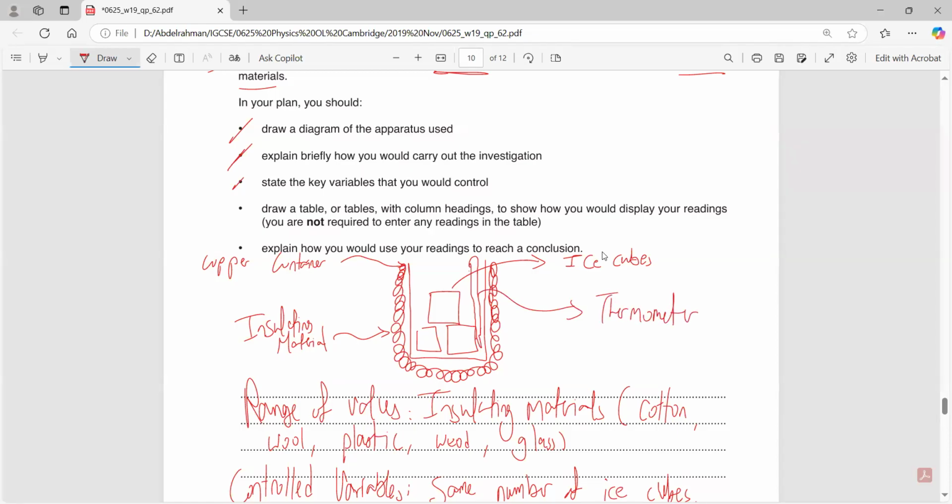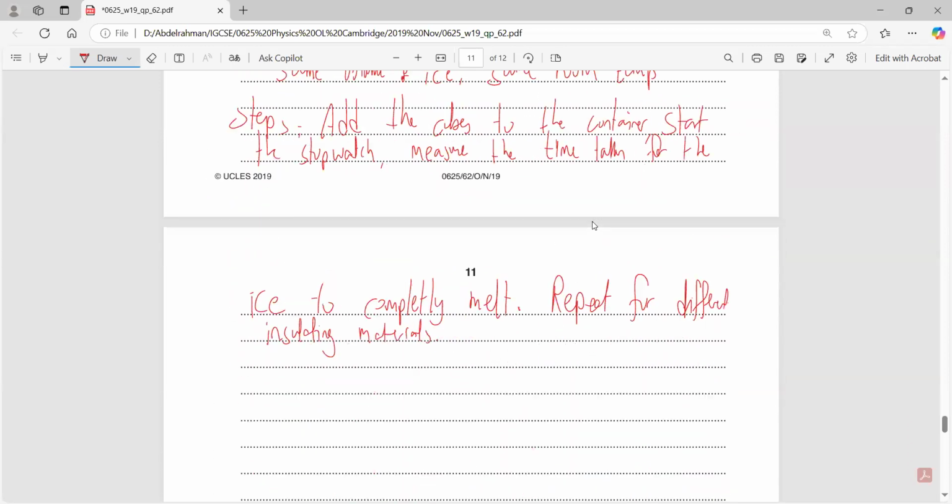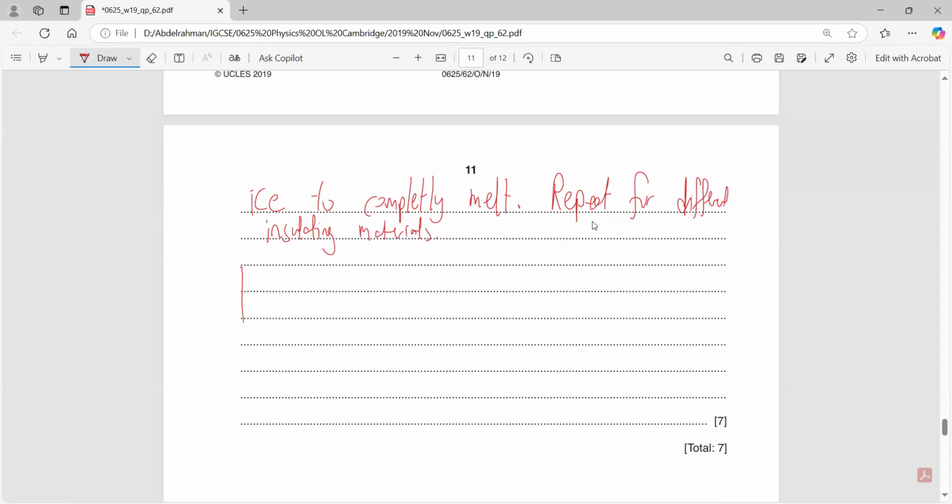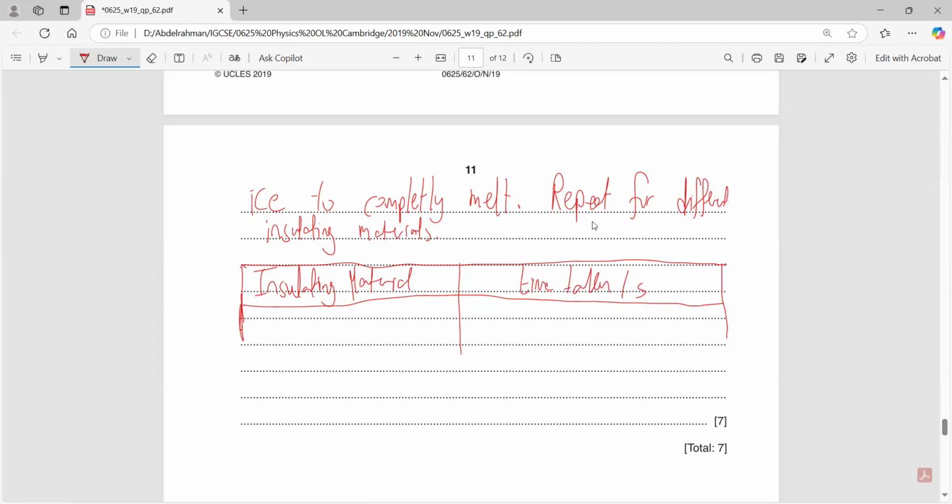What about the table? Can I draw the table and then write down a conclusion? Yes, the table has only two columns. So this is the insulating material, and then you have the time taken in seconds or in minutes. It doesn't really matter. And then last but not least, can I write down a conclusion?